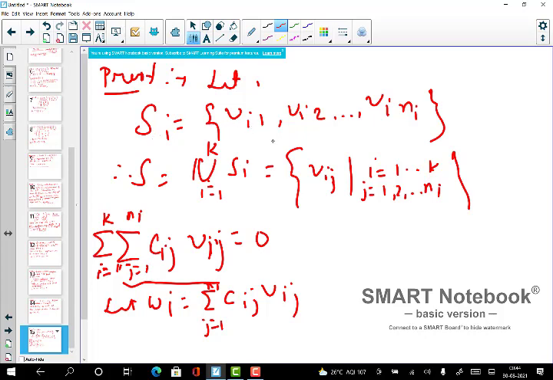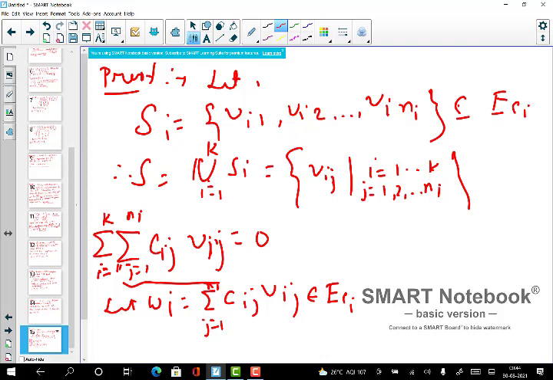When i equals 1, W1 is the constant times V11 plus the constant times V12, like that. Because these elements are inside E_ci, and E_ci is a subspace, the sum will again be inside E_ci, right? So these are all elements of E_ci.